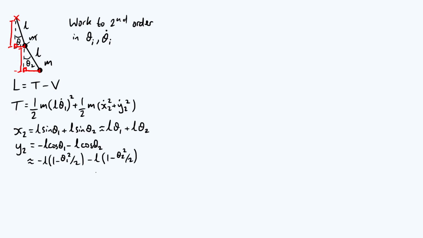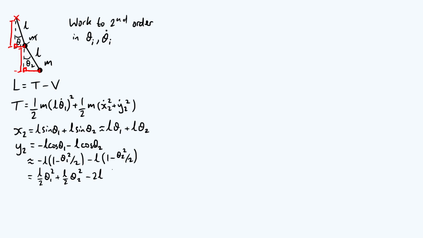And if I just expand the brackets, I'm going to end up with an L over 2 θ1 squared, and then an L over 2 θ2 squared, and then I'm going to get two lots of minus L, and so minus 2L there. So there is our second order version of the y2 coordinate.